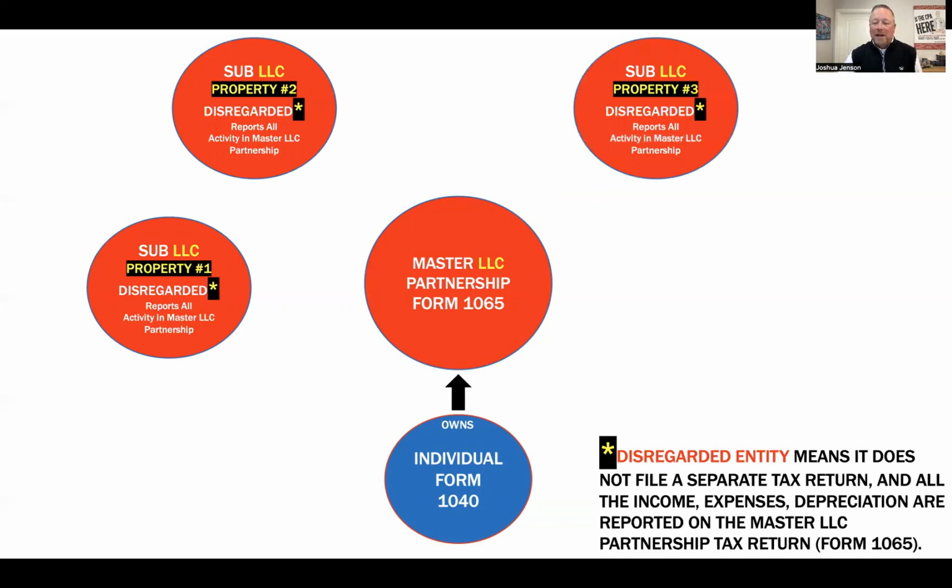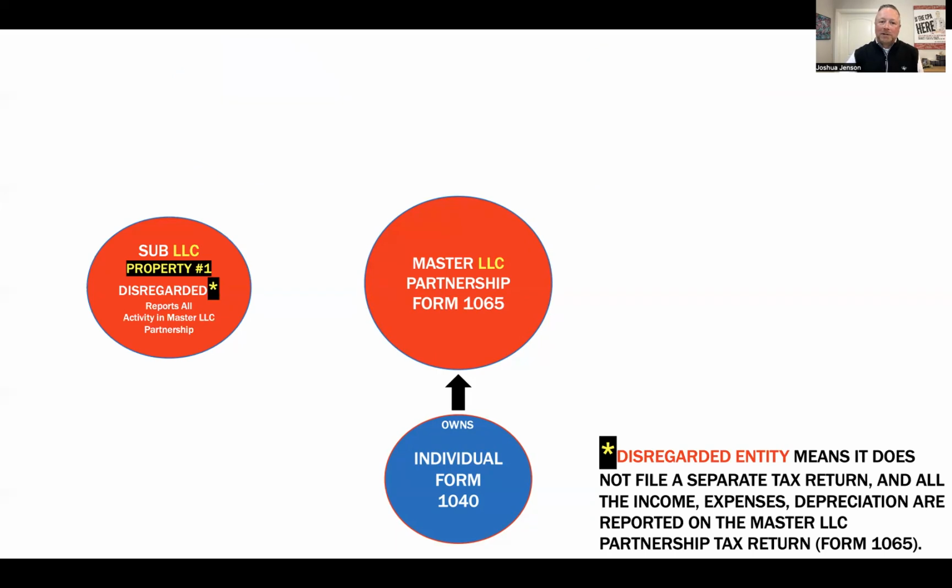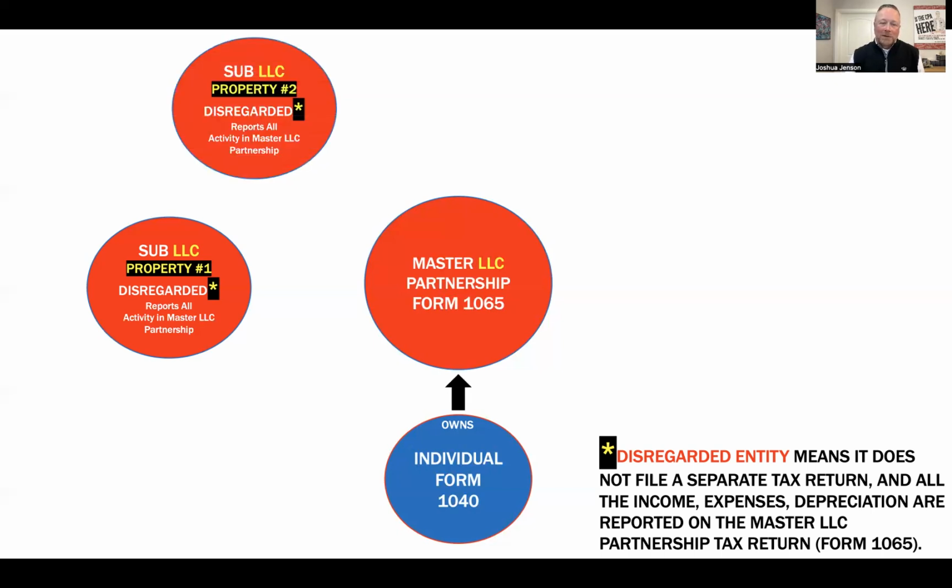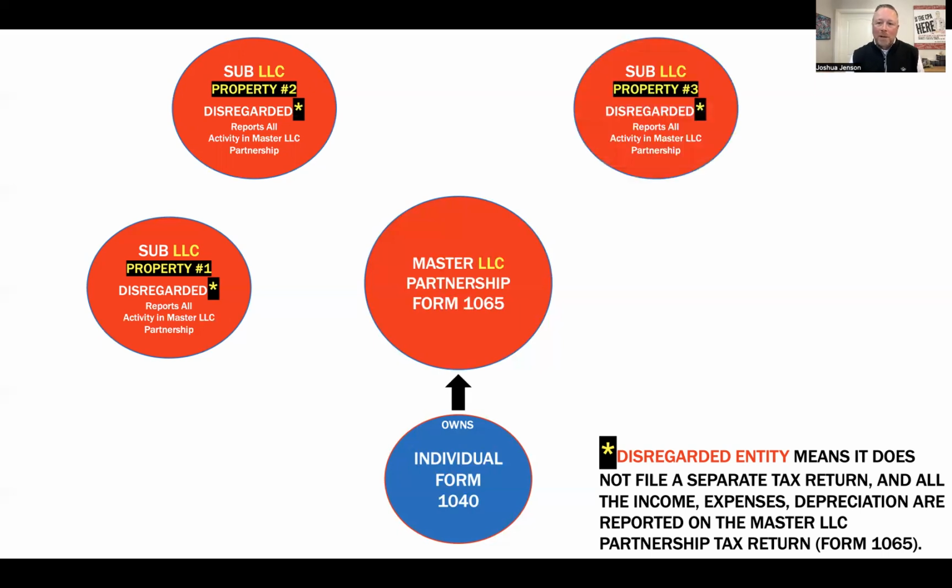Well, the benefit here is that if we are in a set of circumstances where you own a property, well, if there is any kind of liability inside the master partnership, by it being in a separate LLC, that's going to protect that property from anything in the master LLC. Now, if something were to happen in property one, liability-wise, then it's going to be protected from any ownership or issues related to property number two or property number three.